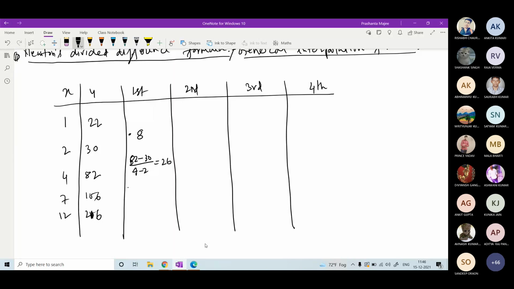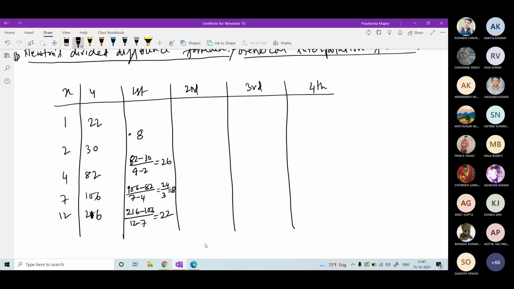What is the entry here? 8. 106 minus 82 by 7 minus 4, so 24 by 3, that is 8. What is the entry at this position? 216 minus 106 by 12 minus 7. How much is it coming? 22. Okay, fine. That is coming 22.